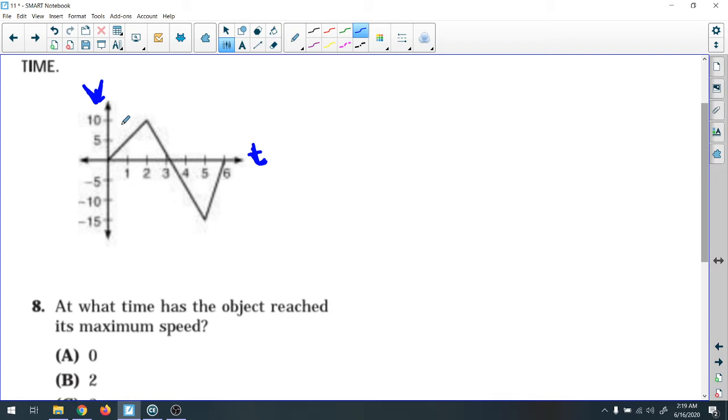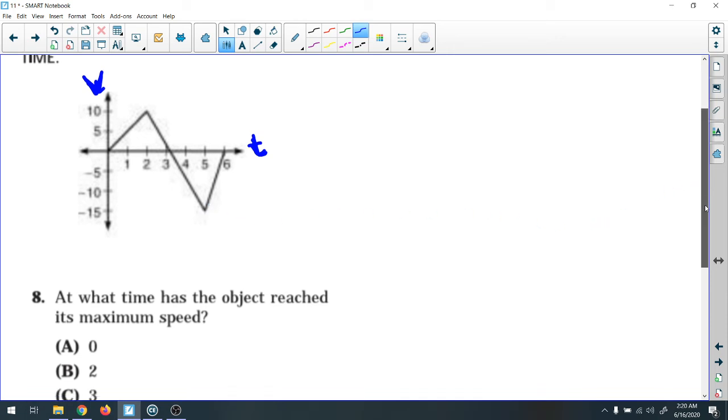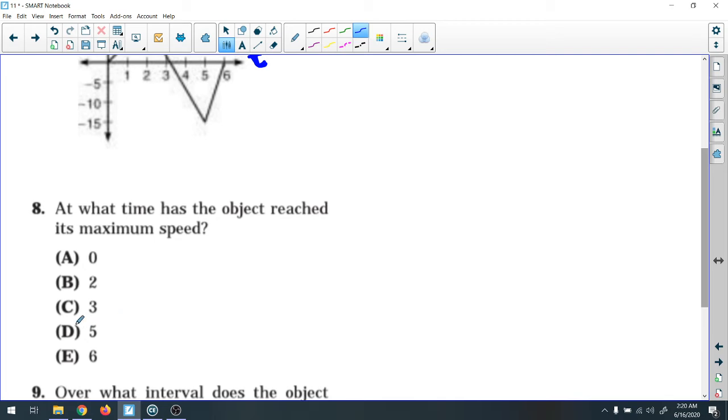So this is speed 10 in the positive direction, and this is 15 but in the negative direction. We're looking for the speed. The maximum speed here is when the time is 5, and it's in the opposite direction. So your response to this question is D.